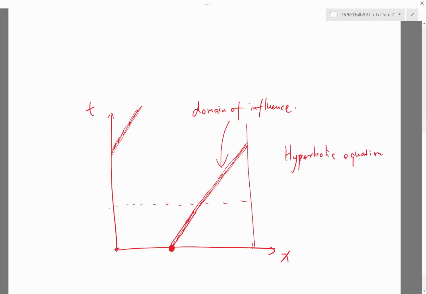But the common feature is that influence does not spread instantaneously. It travels at a fixed speed. It's like the speed of sound: if you can only communicate via sound, then if you shout something, somebody far away won't hear it until after a little bit.